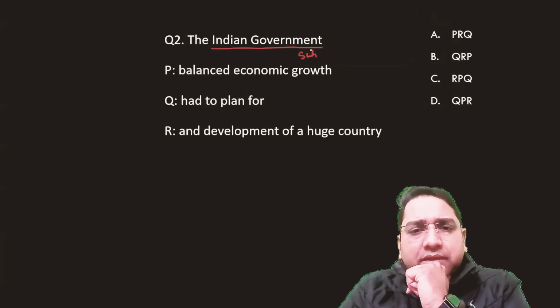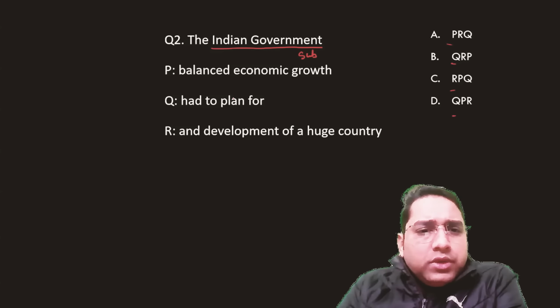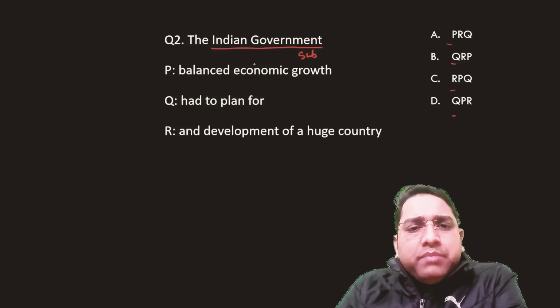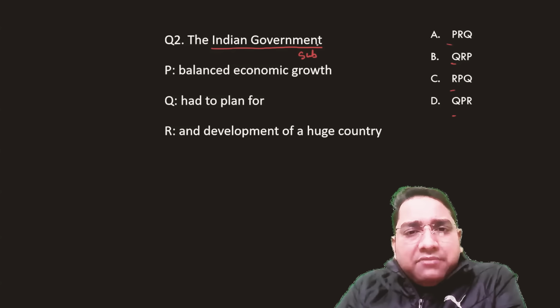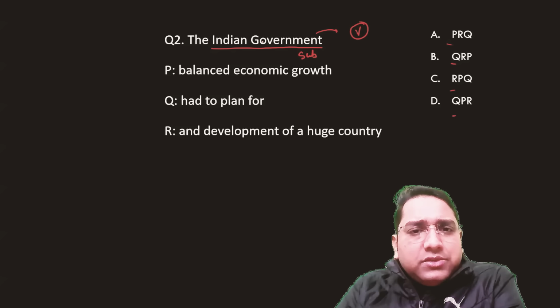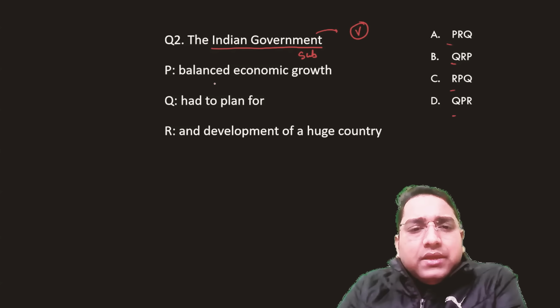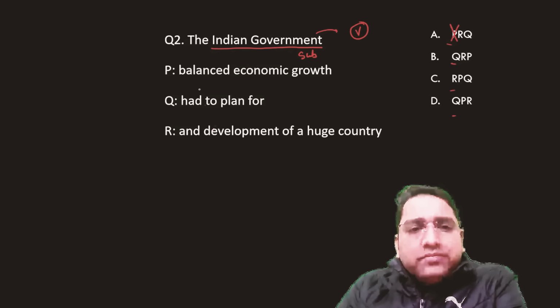So this is the subject. The Indian government balanced economic growth, had to plan for, and development. Now, after the subject, we need an action. If we are talking about the government, it must have done something, right? So balanced economic growth, no, it doesn't make sense. P cannot be the initial line, so we can rule it out.